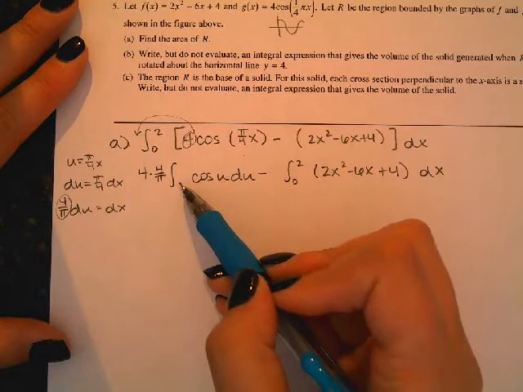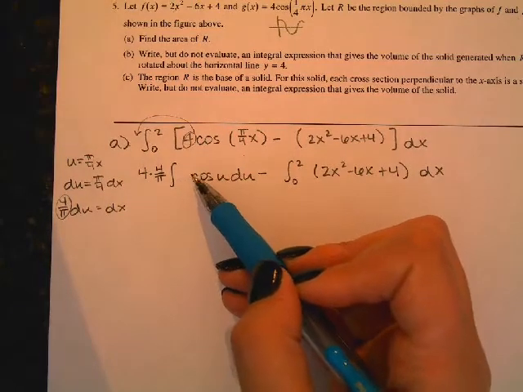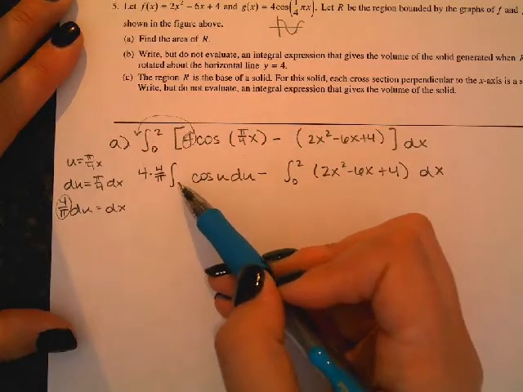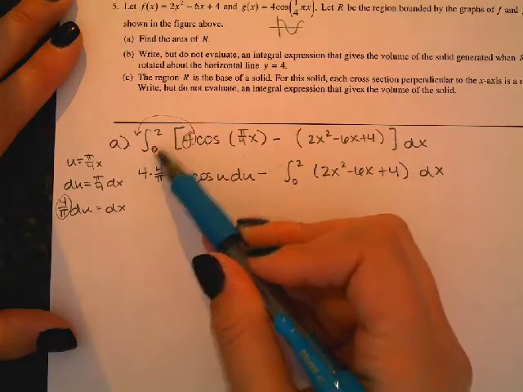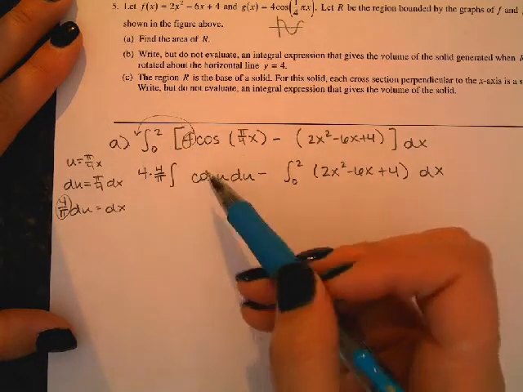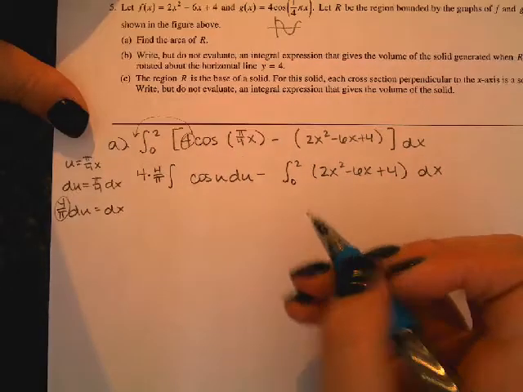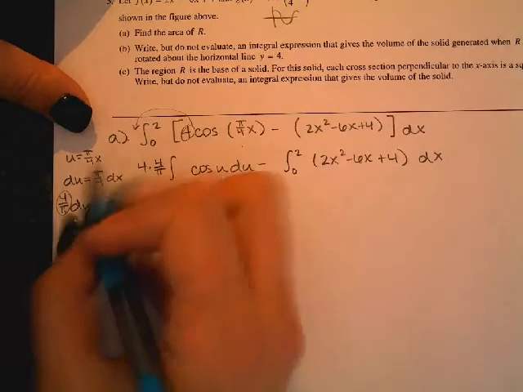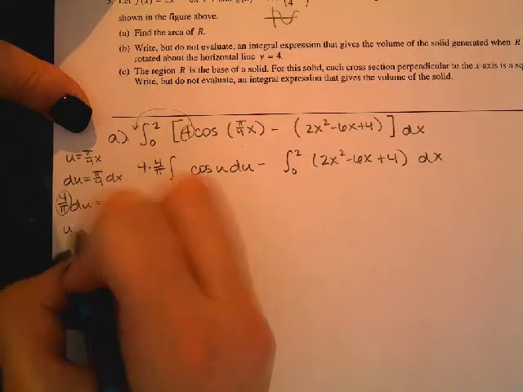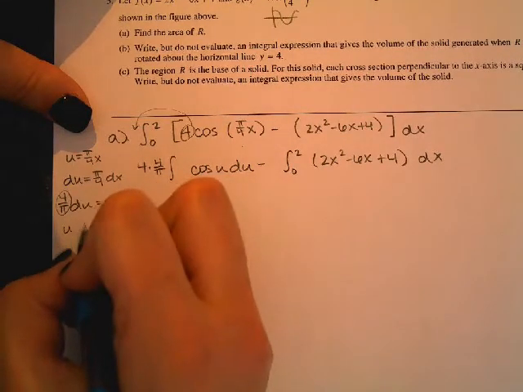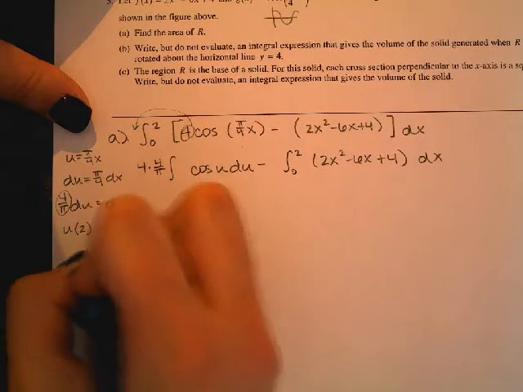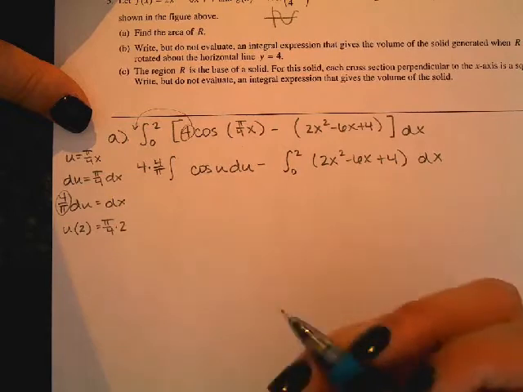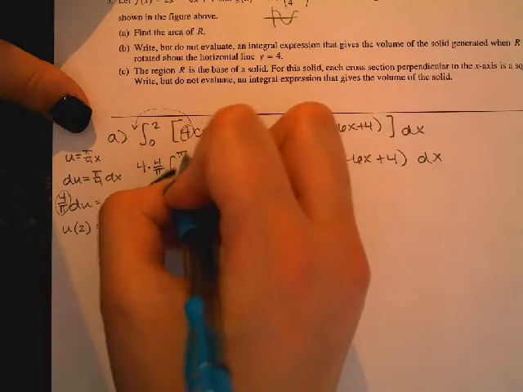If you're going to return it to the x coordinate, then you should not put 0, 2 here, because the 0, 2 is in terms of x, it is not in terms of u. I'm going to convert it into u and finish that part of the problem with u's. If I'm plugging in 2 for x, I get pi fourths times 2, which is 2 pi fourths, which is pi halves.